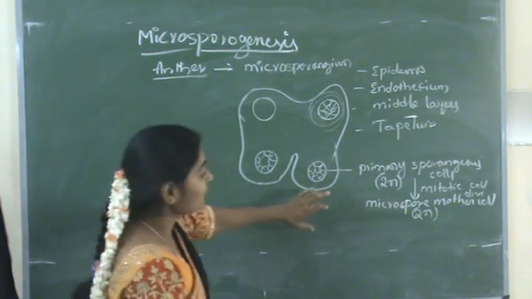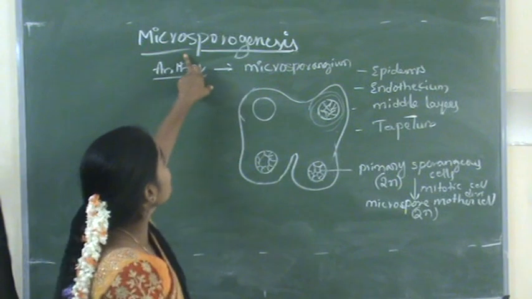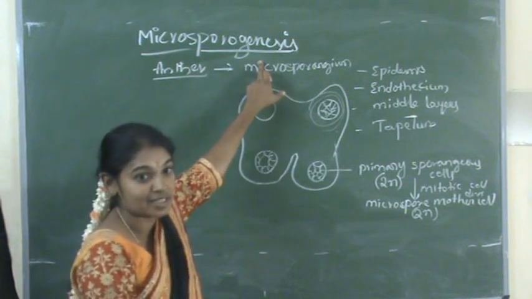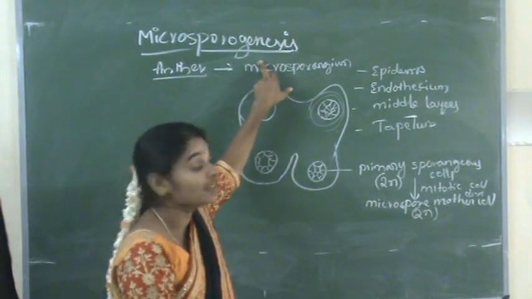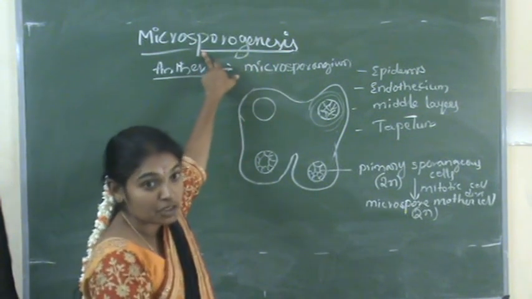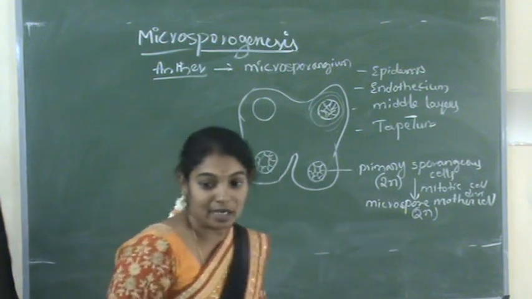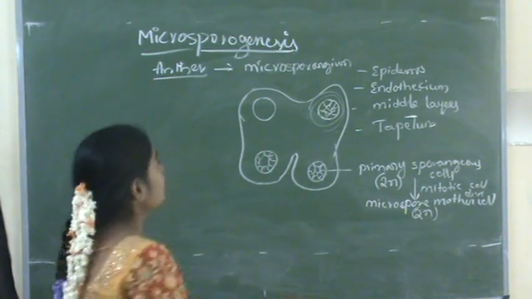And now we will come to the actual process, microsporogenesis. The formation and differentiation of the microspores or pollen grains is called microsporogenesis.